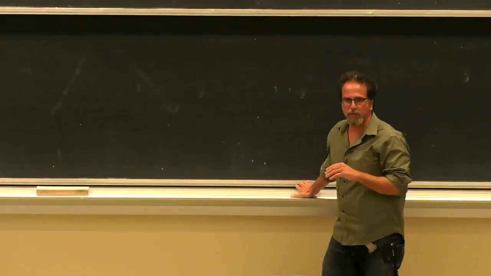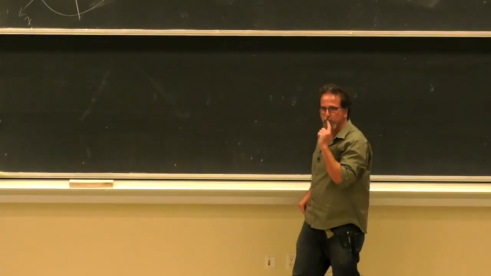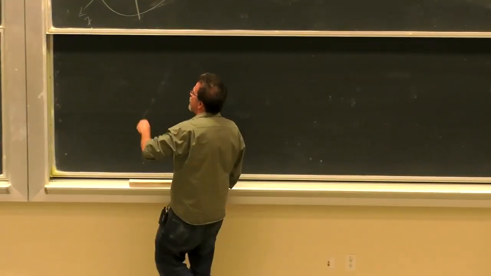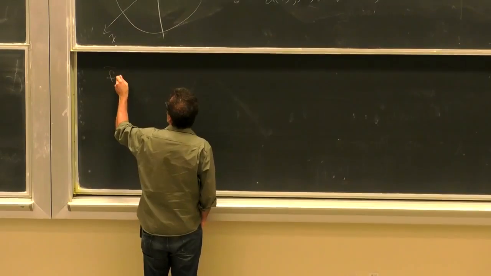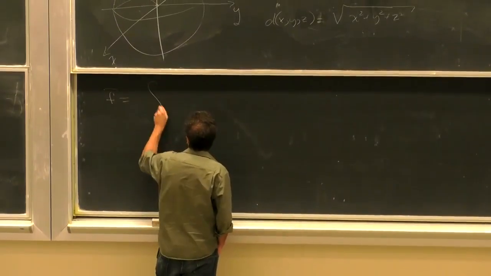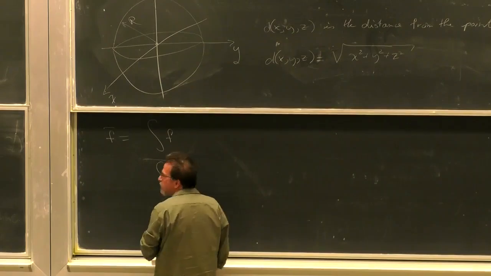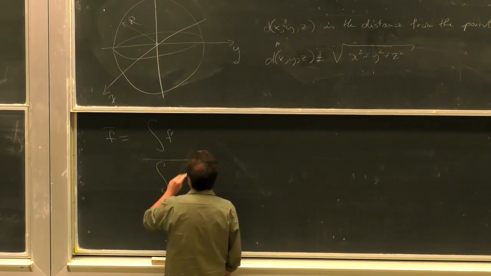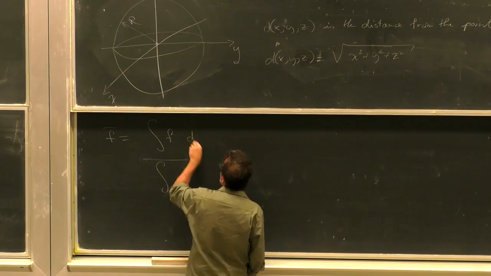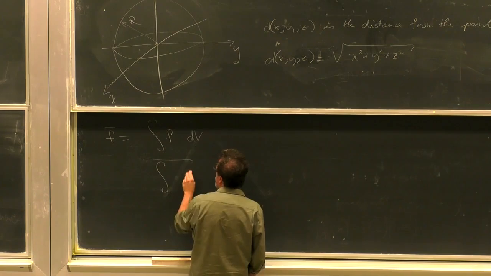I wonder how many people went and computed it. I asked you guys to go compute it. Remember that the average of any function is the integral of the function divided by the integral of the number 1. Or put differently, the integral of the function with respect to the measure of the space we're considering.